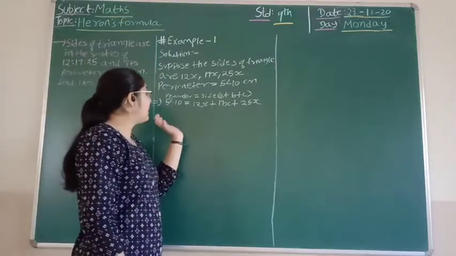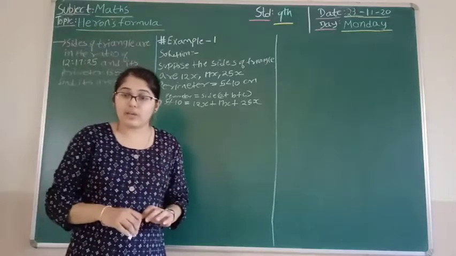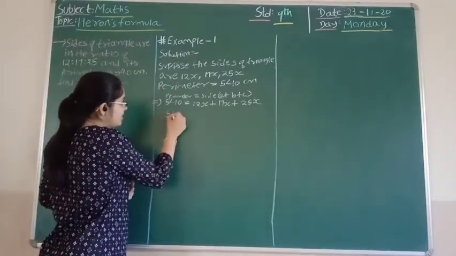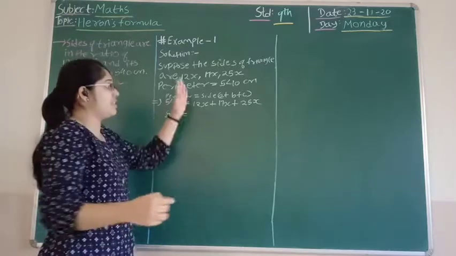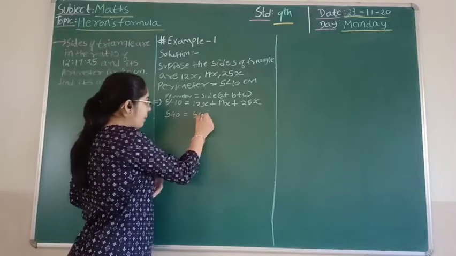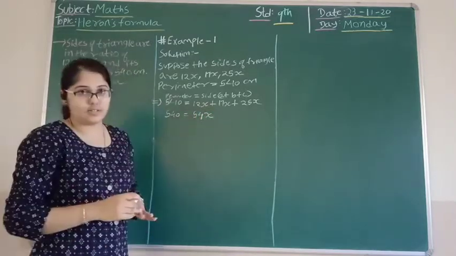Now I sum up the numbers: 12 plus 17 plus 25 is 54, and remember there is x behind it, so I write 54x.